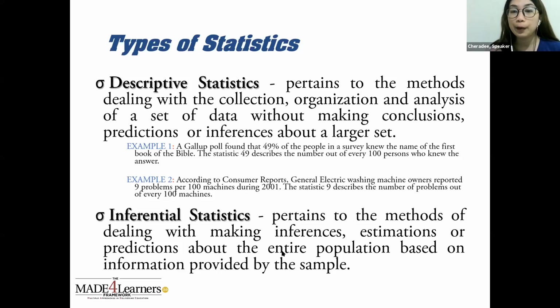If you're going to do hypothesis testing that our numbers in terms of the increase of cases per day are higher than when we were in GCQ. So you're going to compare ECQ and GCQ, which numbers were higher, then that is already considered inferential. So if there is a process done aside from describing it and really doing hypothesis testing, that is considered inferential stat.